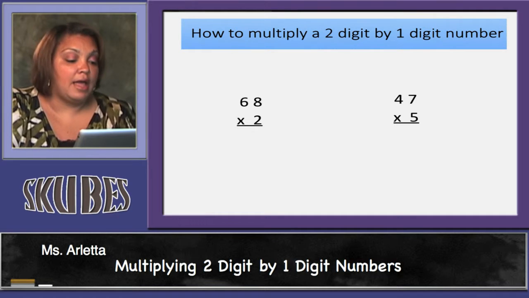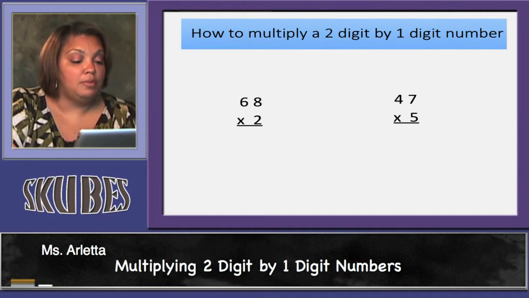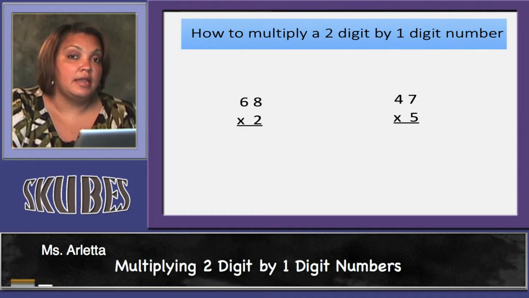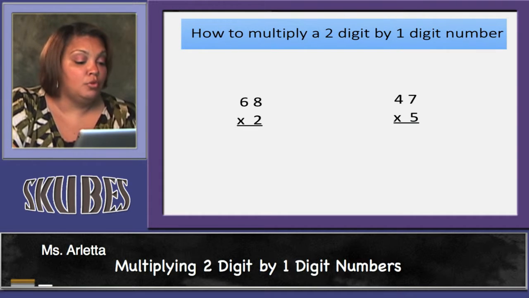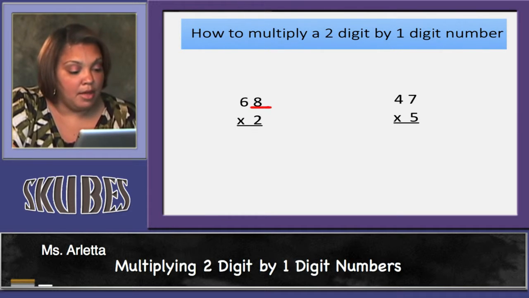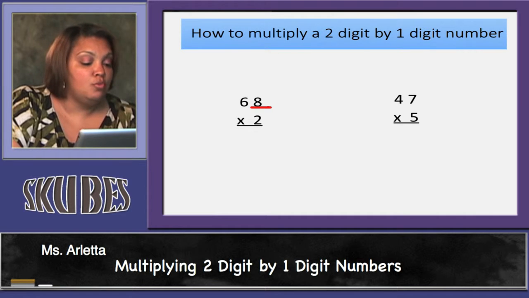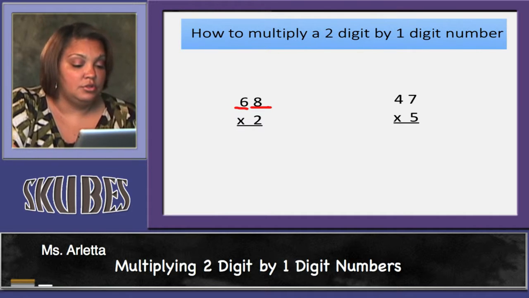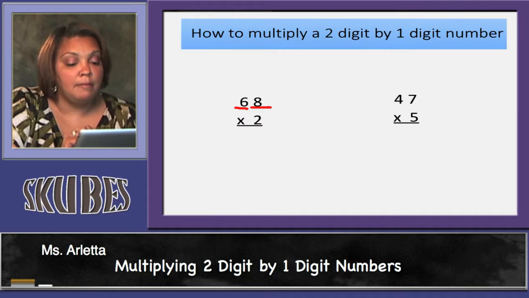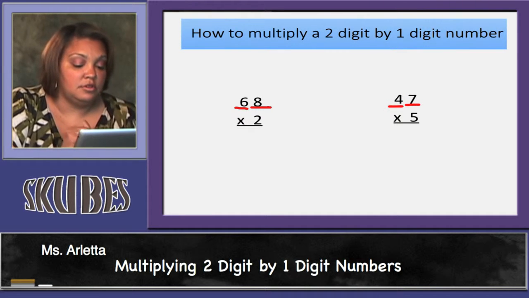So basically your multiplier is multiplied by your multiplicand, and you always start in the ones place. You multiply it by the ones digit and then you multiply it by the tens digit.